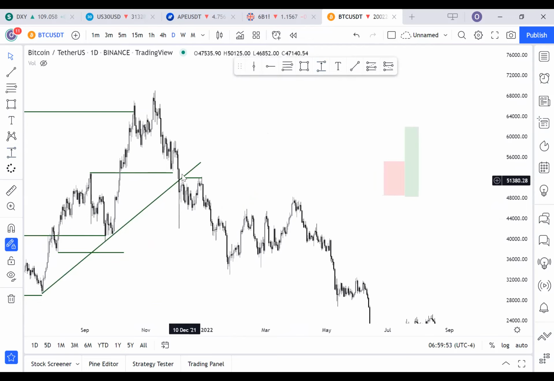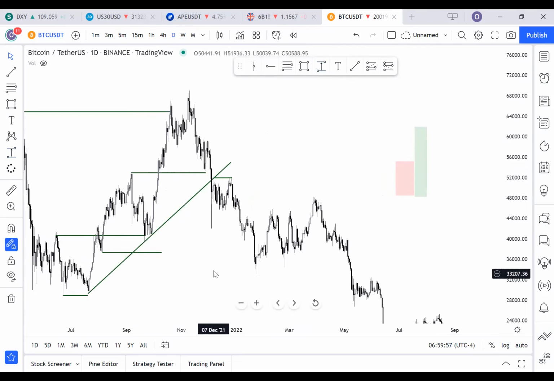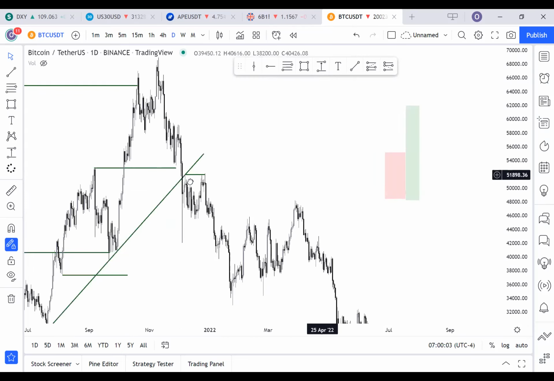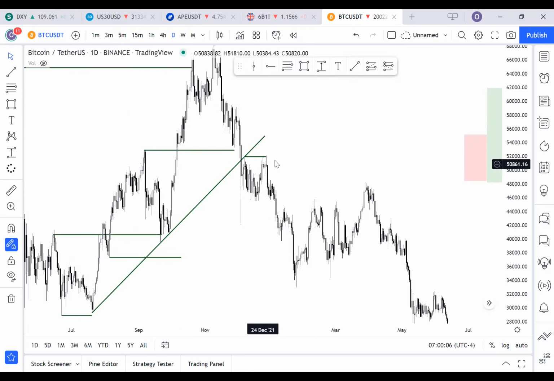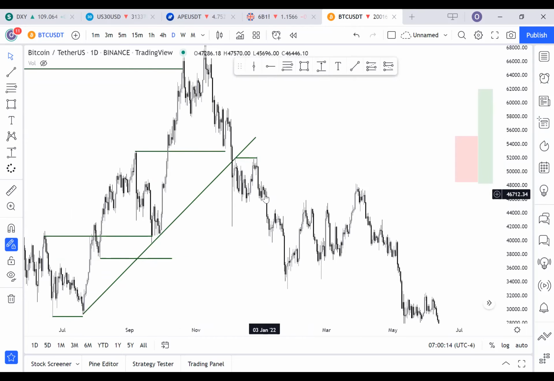And then after we deal with that, we dropped. So in this case, if you are in a selling position here, price will kick you out. But if you are informed and you know what is going on, you will know where exactly to go for a buy or a sell in the marketplace, right?